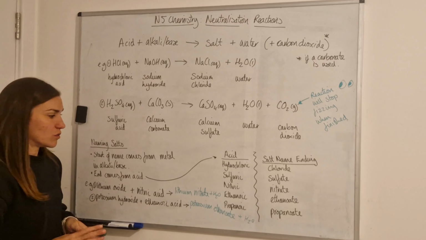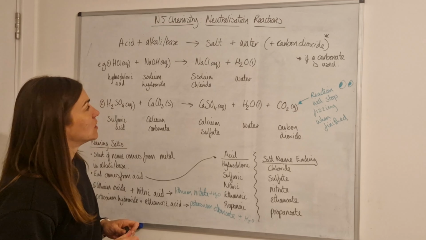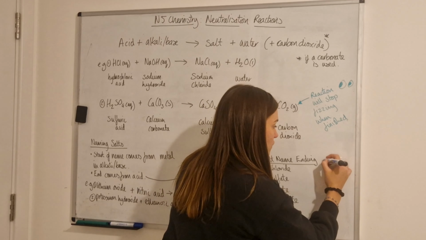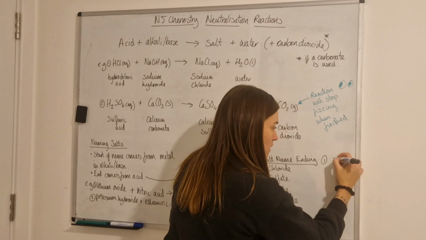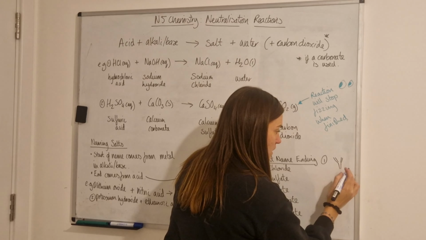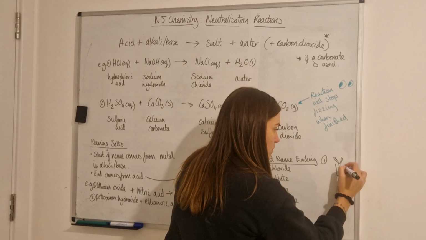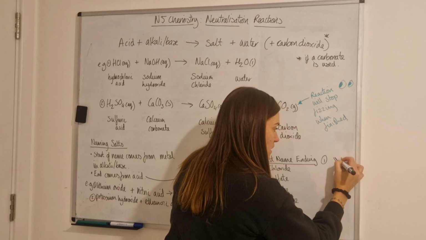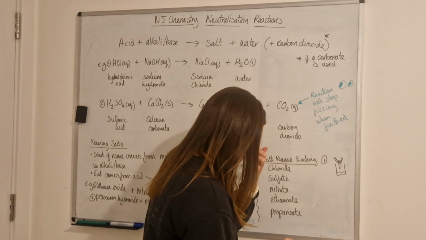Okay, so just to finish off, I will draw this filtration and evaporation setup. I'll just squeeze it in down here. The filtration would be where you use a filter funnel, and there's a wee gap at the bottom. So a filter funnel with filter paper, and you would filter off your salt solution and any excess solid base would be kept in the filter paper.